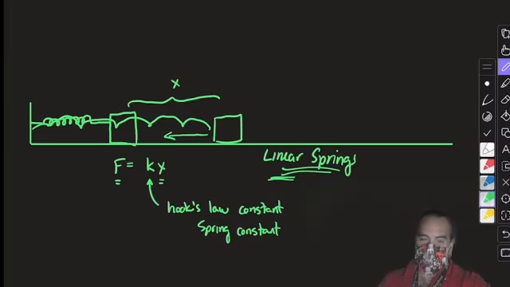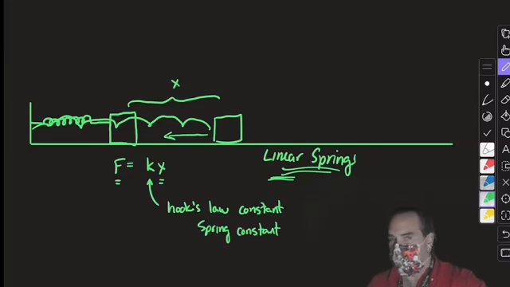The spring constant tells you how stiff the spring is. A slinky has a low spring constant. Doesn't take much to stretch it out. Like a paperclip has a low spring constant. Doesn't take much to stretch it out. The springs on your car, high spring constant. They can take thousands of pounds and only change a little bit of their distance. The spring constant tells you how much your spring will stretch.